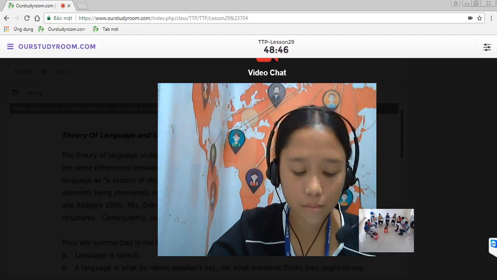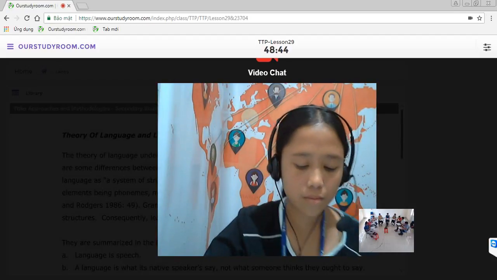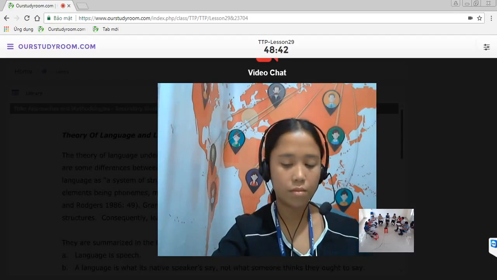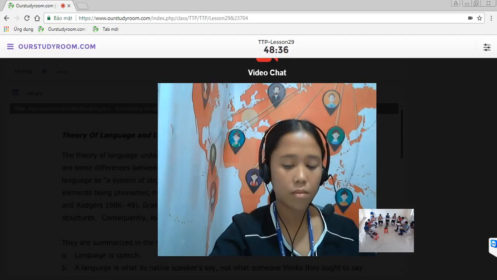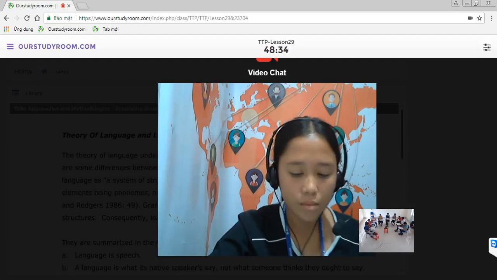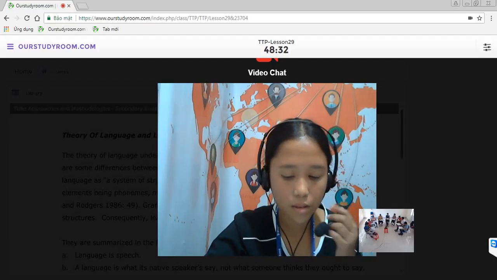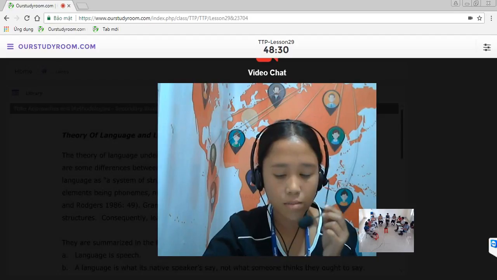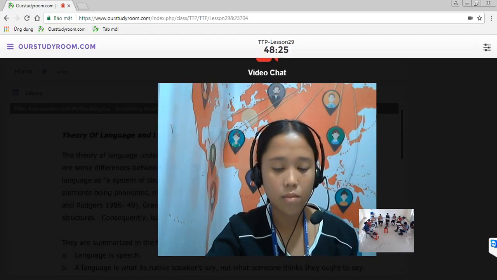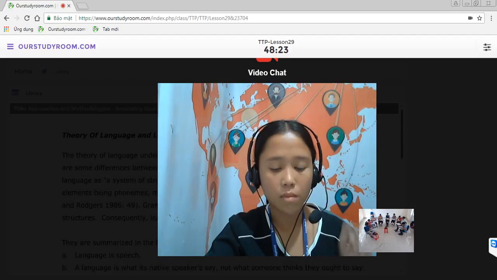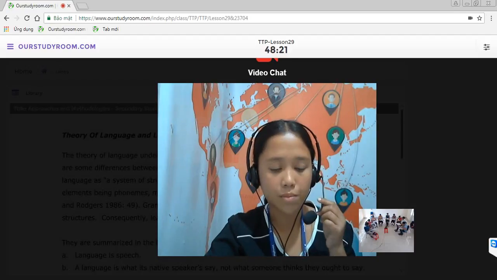The elements being structures, Richards and Rodgers, 1986. Grammar no longer consists of a collection of rules, but a list of structures. Consequently, learning the language means learning the rules to combine them. They are summarized in the following ideas.